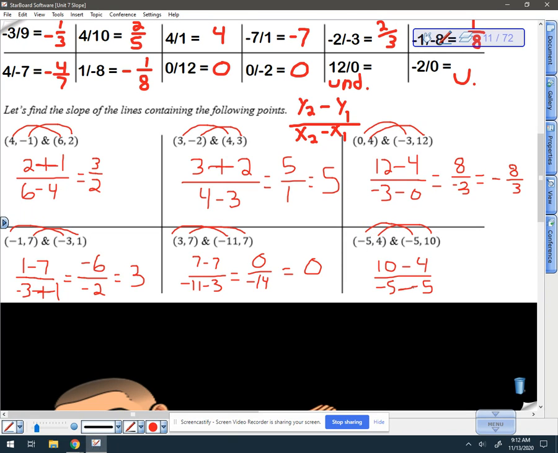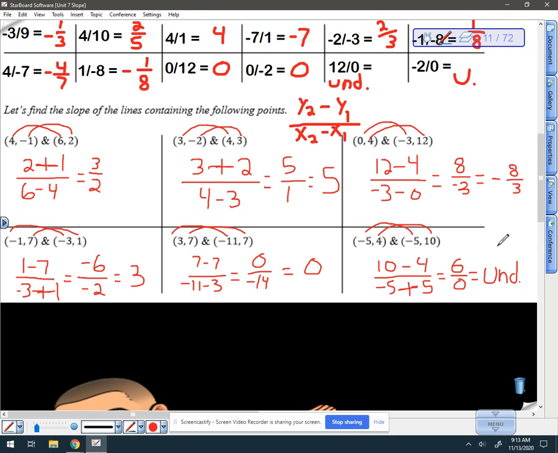Two negatives make a positive. 10 minus 4 is 6 over, and then you have negative 5 plus 5. So if you're at negative 5 and you go up 5, you're at 0. And then remember, anything divided by 0 is an error in the calculator. So you would write undefined.